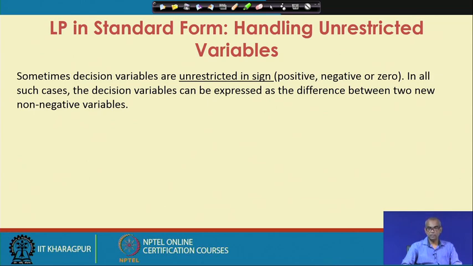Note that any variable that is unrestricted in sign can be expressed as the difference of two non-negative variables. You can choose the two non-negative variables appropriately such that their difference may be equal to 0, less than 0, or greater than 0.